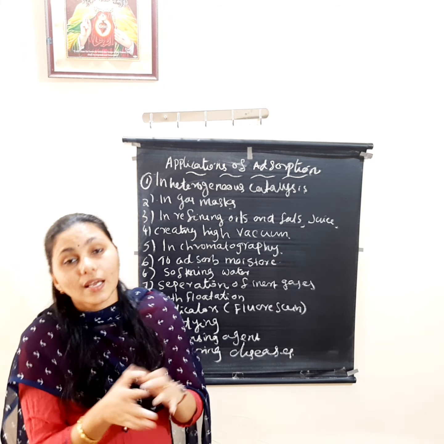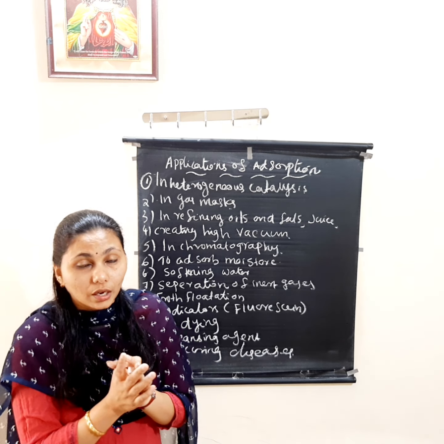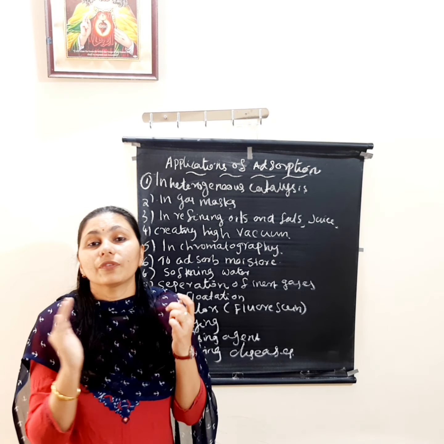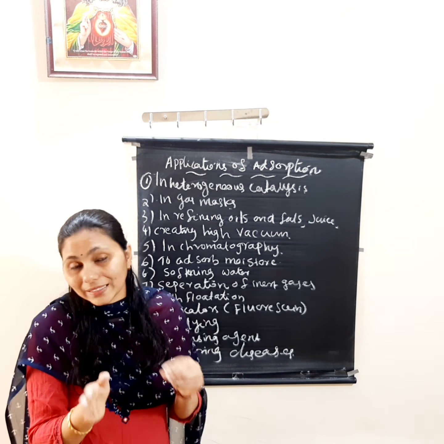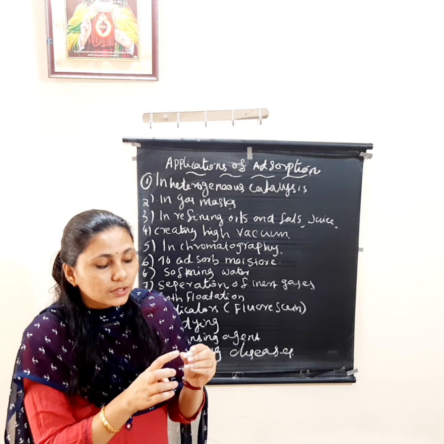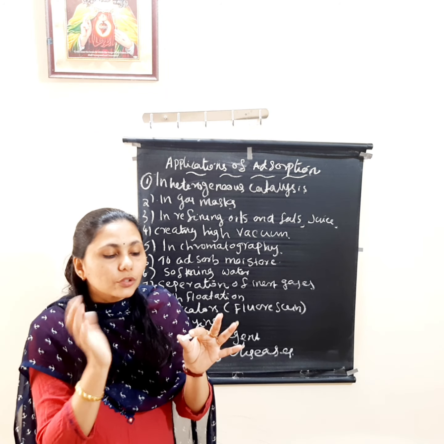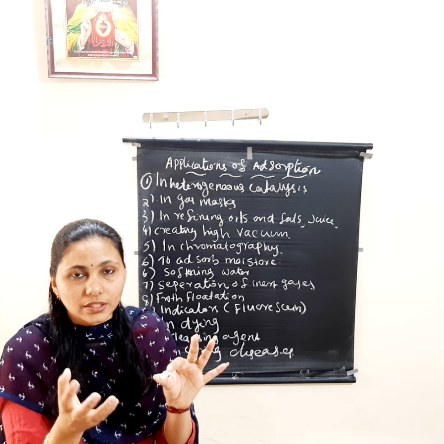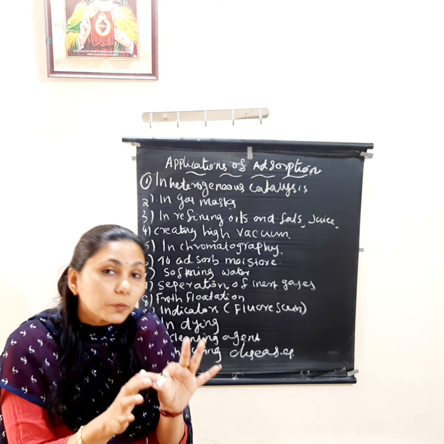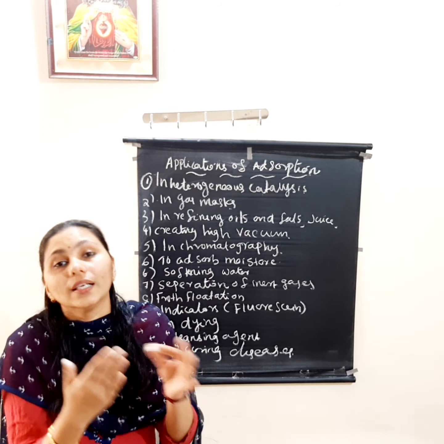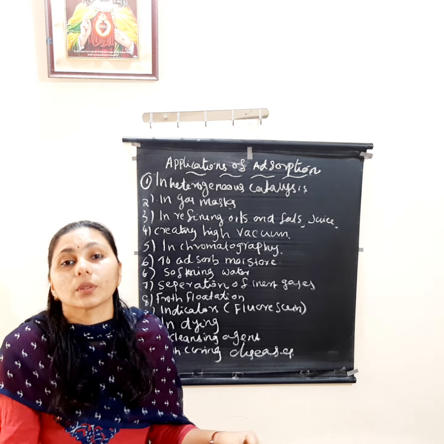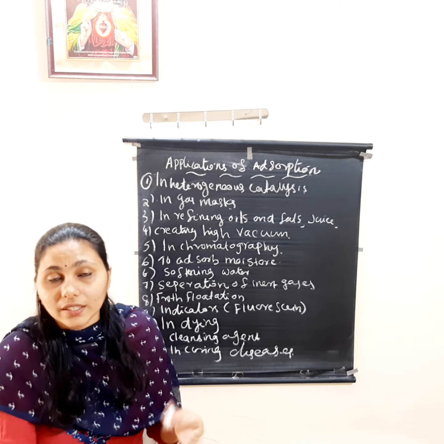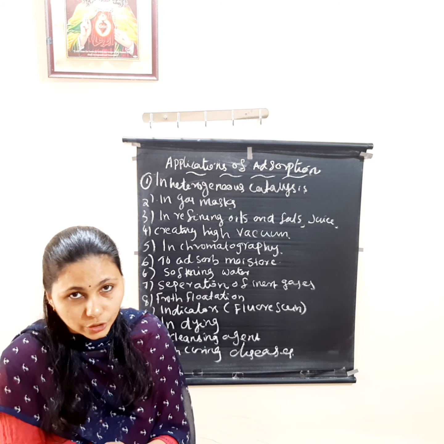The detergents or soaps are adsorbed on the interface between the dirt and the cloth. Suppose this is a cloth material, and on that there is dirt; the soaps or detergents will be adsorbed in between our cloth and the dirt. So it is easy to remove the dirt. That we will explain in the next class, the cleansing action of soap.